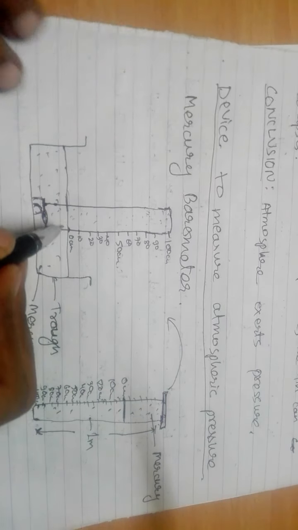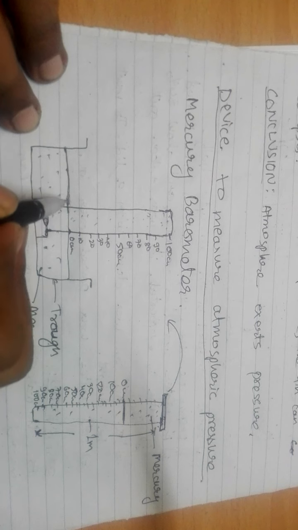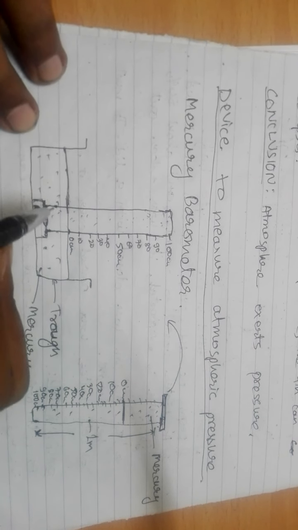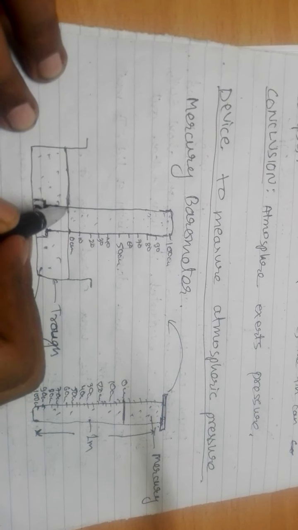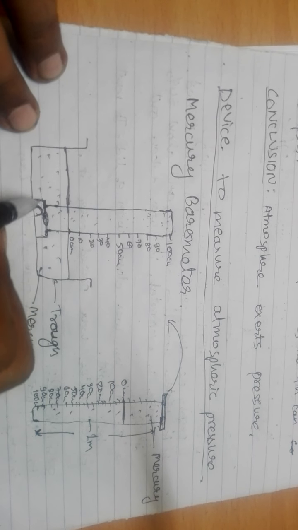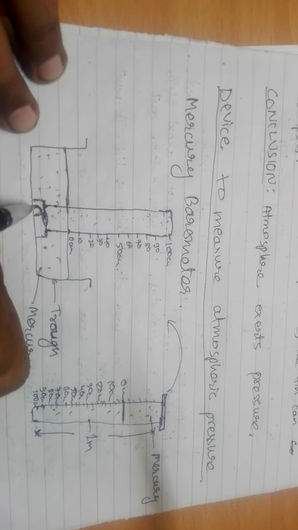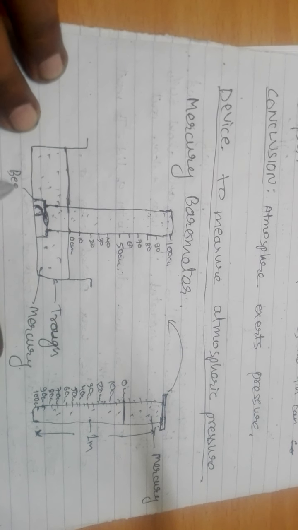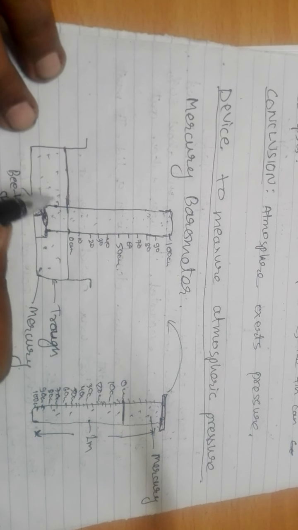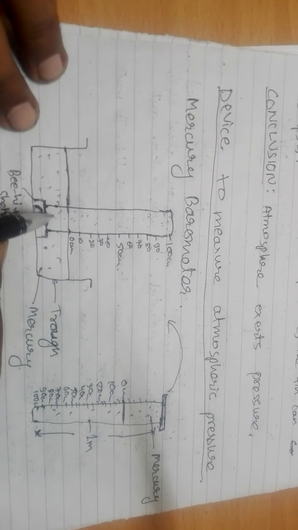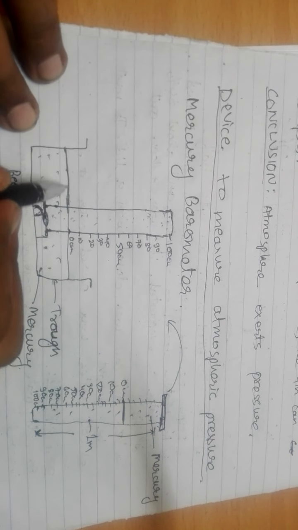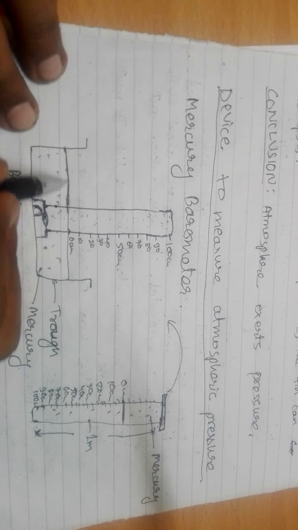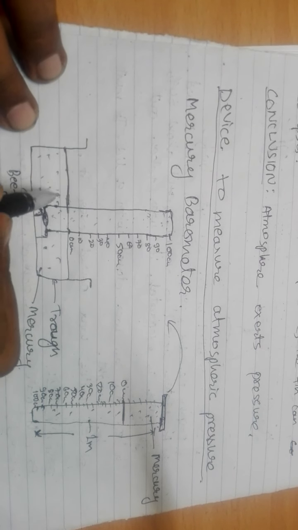Now here, this surface of mercury, please listen carefully. This surface of mercury and this surface of mercury are in constant communication through the whole of the beehive cells. That means if there is imbalance of pressure between this surface and this surface, then mercury can flow in and out to balance that pressure.